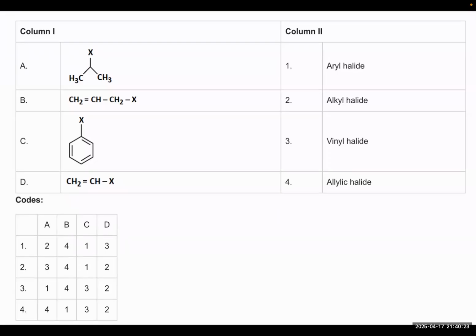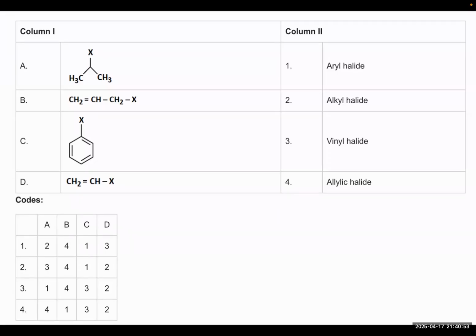So what is going to be the answer? Aryl halide, alkyl halide, vinyl, and aryl. Yeah, Jasleen, Ibrahim, just quickly tell me. You can do much faster than this.